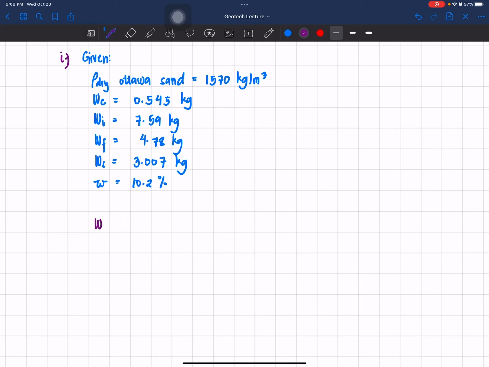Because if this is our apparatus, there it is, and this is the hole. So, we open the valve, and the Ottawa sand goes down there, and then it will fill all of this.